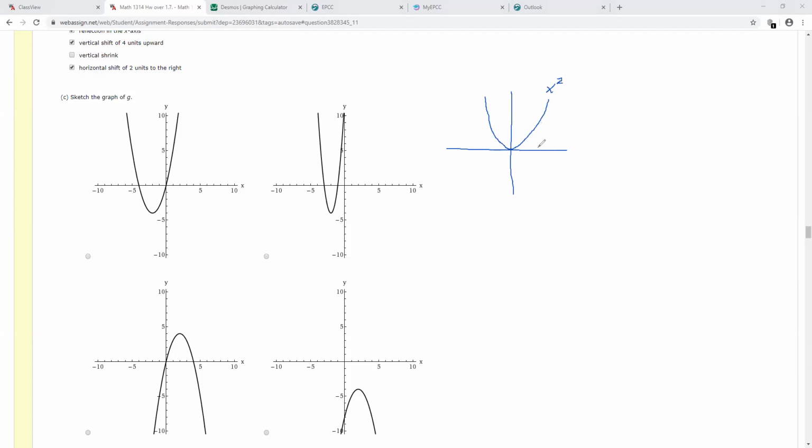Move it 2 units to the right. That's going to be the x - 2 part.